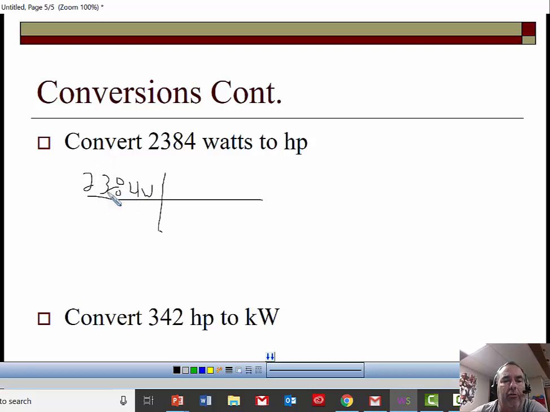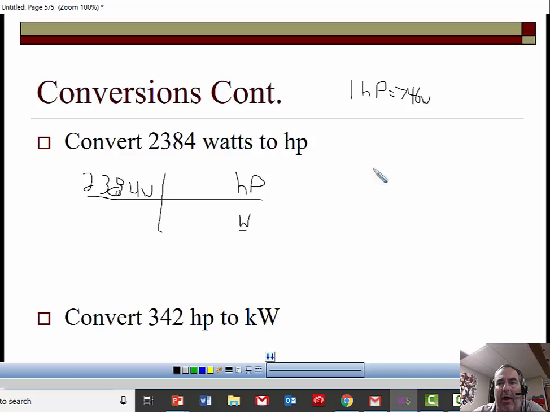Remember how the railroad tracks worked: for things we want to cancel out, the W is going to go down here, the horsepower is going to go up here, and from that previous slide, 1 horsepower is equal to 746 watts.